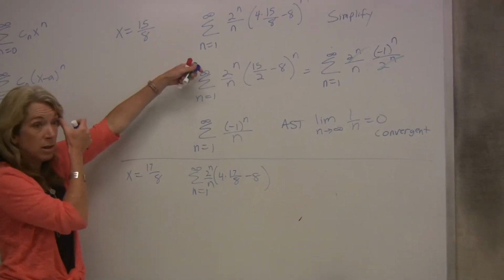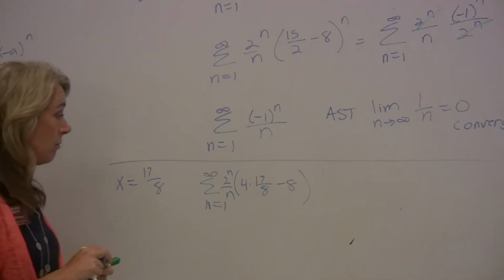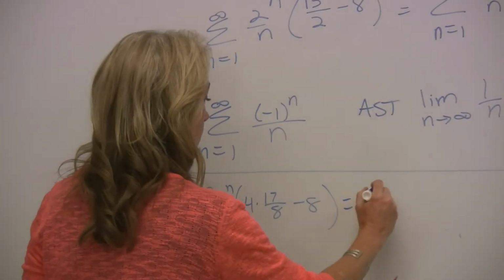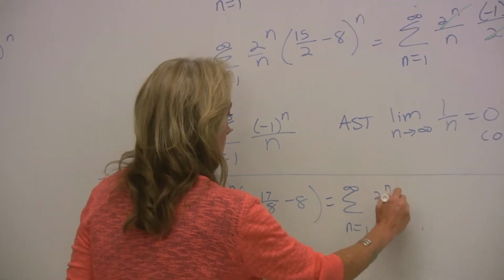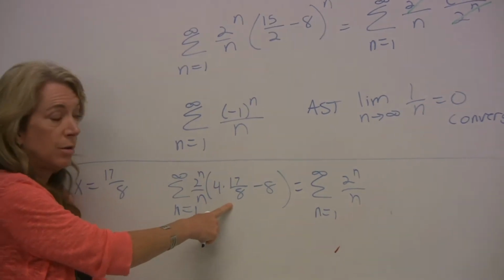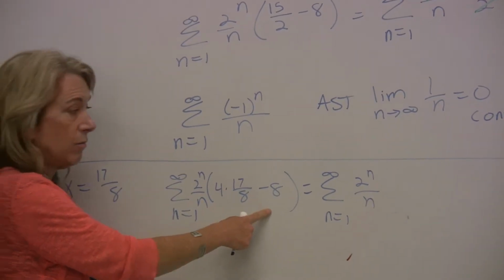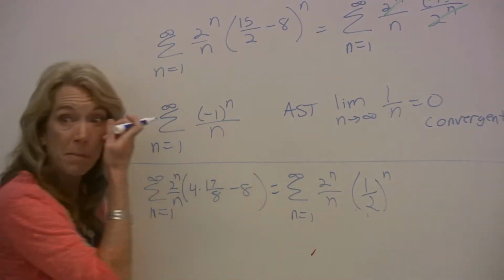In the original series, replacing my x with a 17 over 8. Two to the n over n. This is 17 over 2 minus 16 over 2. That's just 1/2 to the n. It's positive this time.